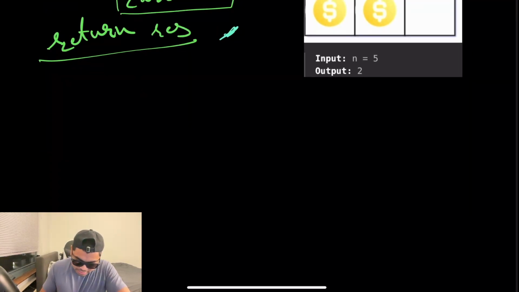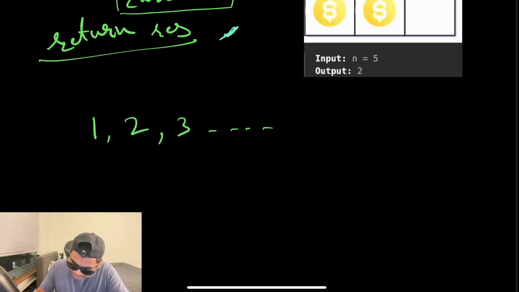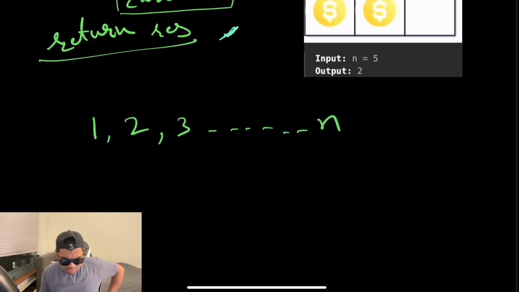we have these coins from, let's say, 1, 2, 3 till n, and we are trying to get to some number k that will be the number of staircases that we have built.